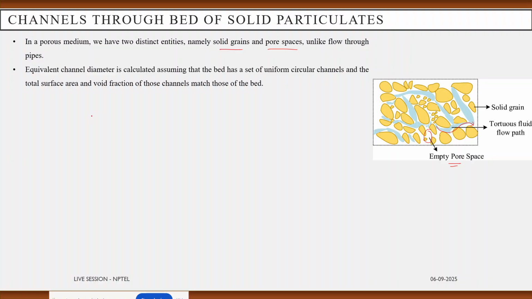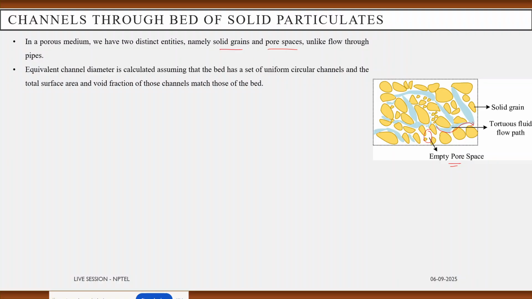So here we want to discuss equivalent channel diameter, because when the fluid flows through the porous material, it forms certain channels. We are assuming these channels to be a bundle of tubes.